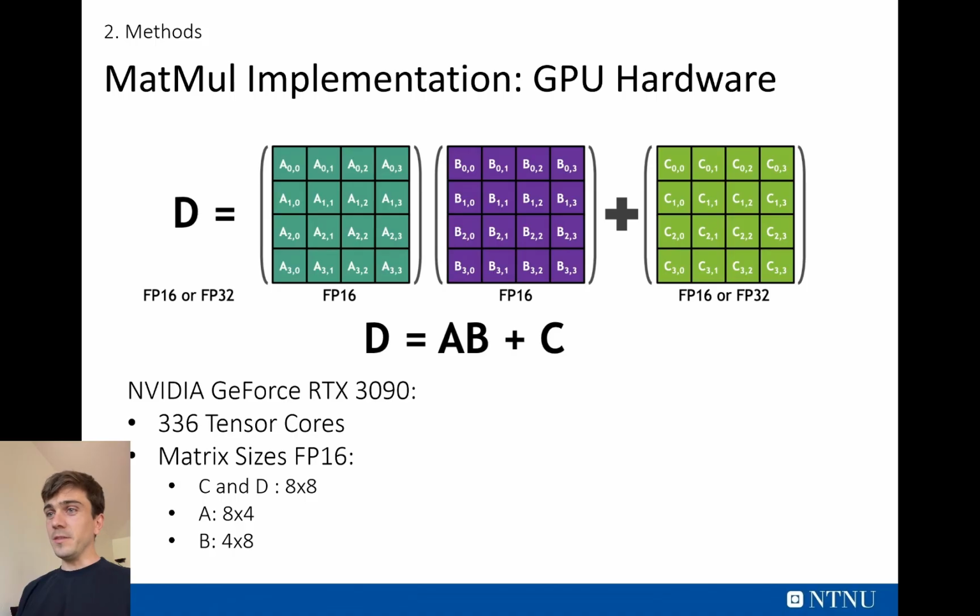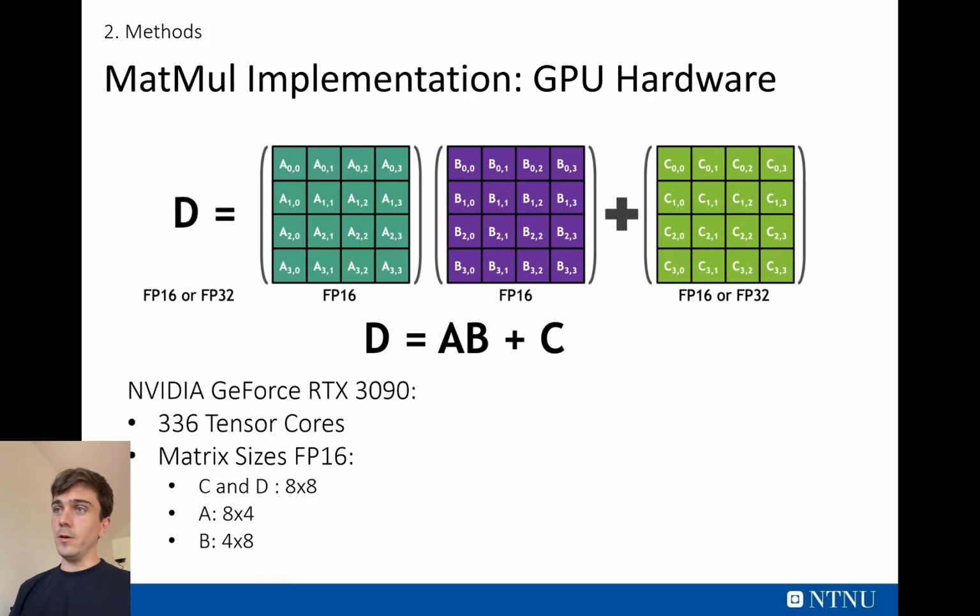So the GPU has tensor cores. In the GPU that I was using, the NVIDIA GeForce RTX 3090, it has 336 tensor cores, and each of these tensor cores is capable of doing a matrix multiplication, the one that we can see in the image, in one cycle.